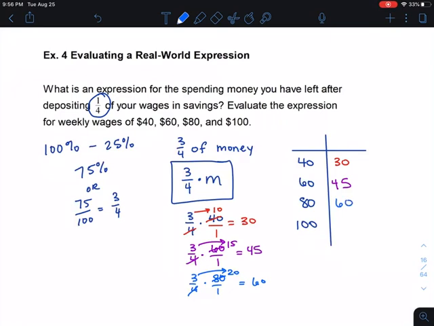And if I were to have 3/4 multiplied by 100, 4 goes into 100 25 times. 3 times 25, we're left with 75. So there's your other set of answers.